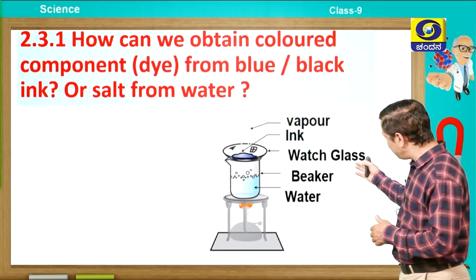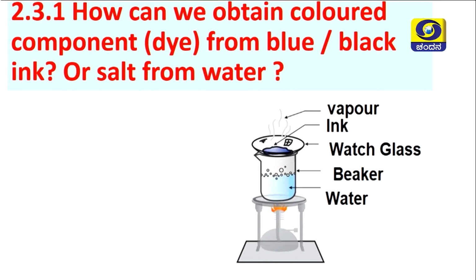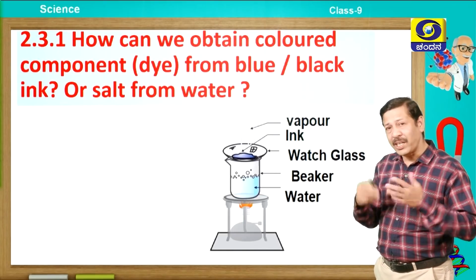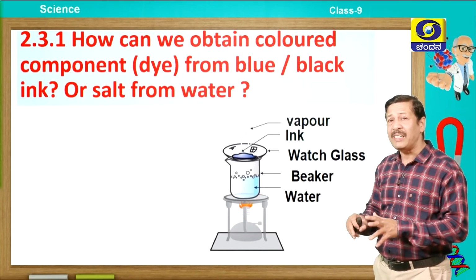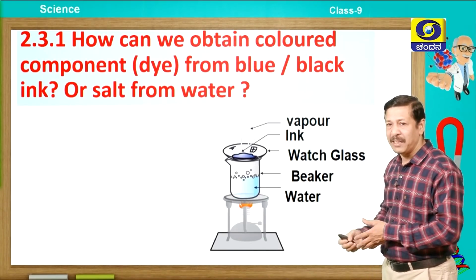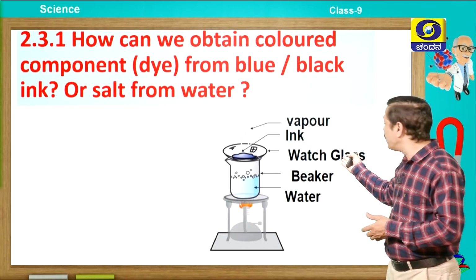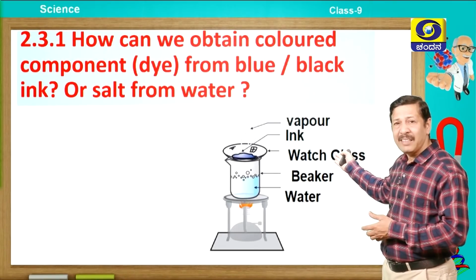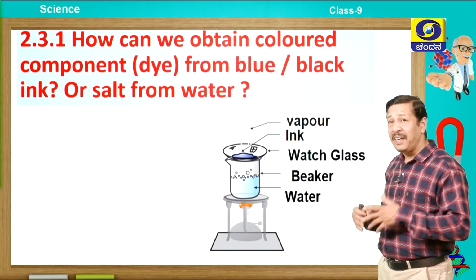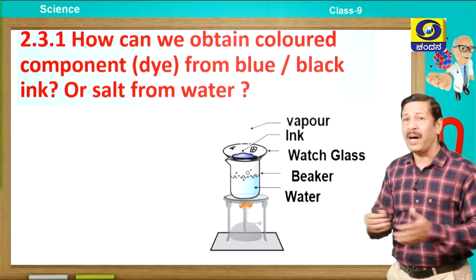What are you seeing here? This is the method of separation of colors from the ink. First you have to vaporize the water, that is the solvent, where here solvent is volatile, solute is non-volatile. Then you are going for this method. Here I am taking the colored dye, that is the ink, in a watch glass, then heating over a water bath.